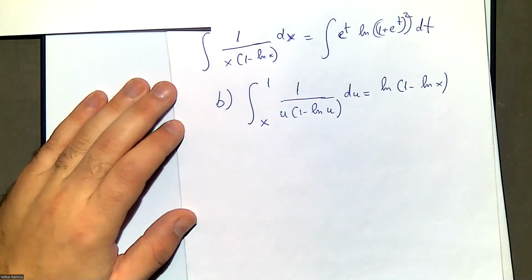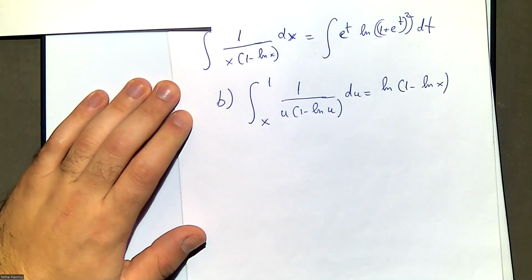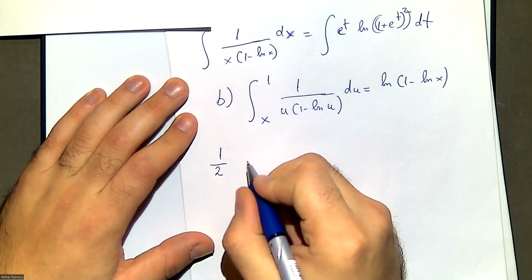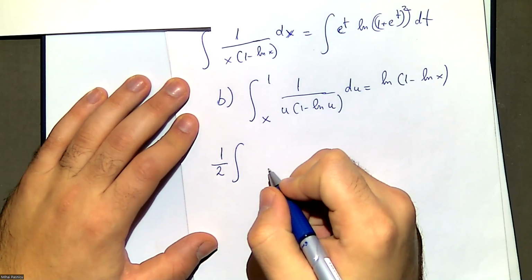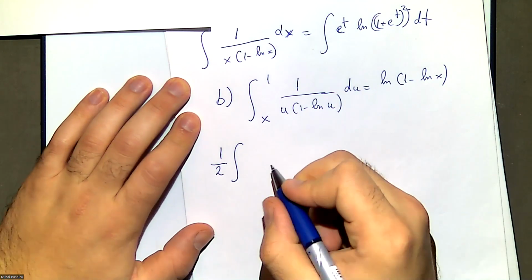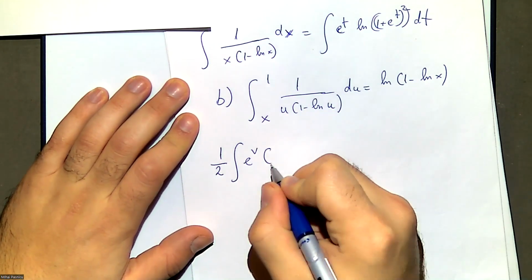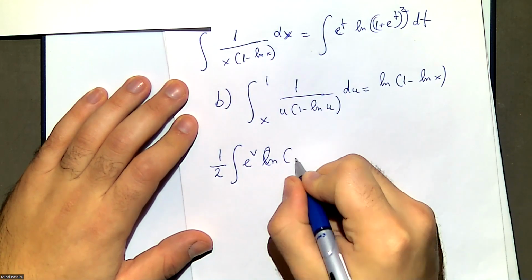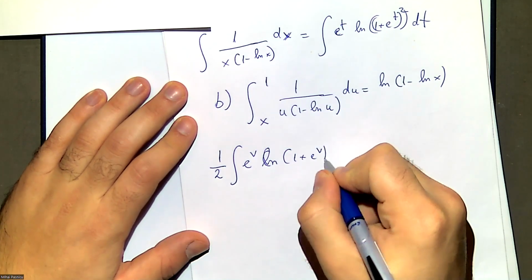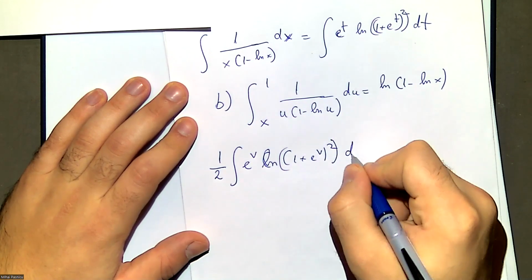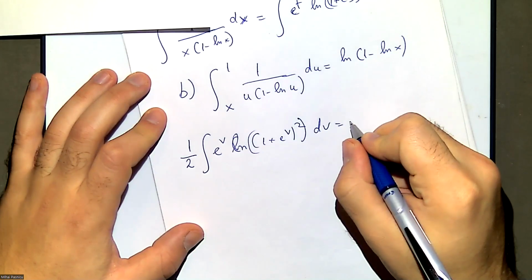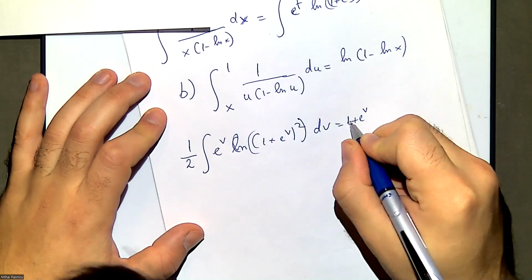And then the other one tells me that a half of the integral of, what's the v? e to the v, ln of 1 plus e to the v would have made it a little bit less obvious, really, but is equal to this ugly formula which we don't actually care about.